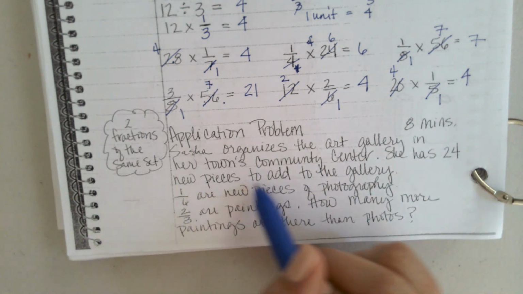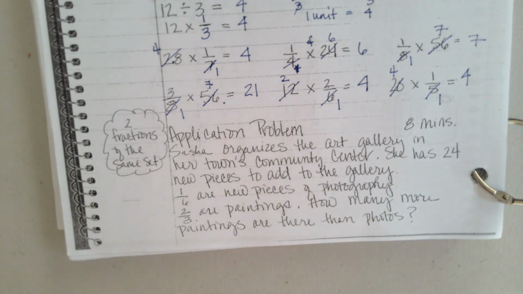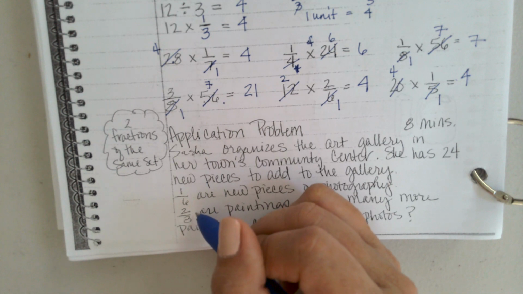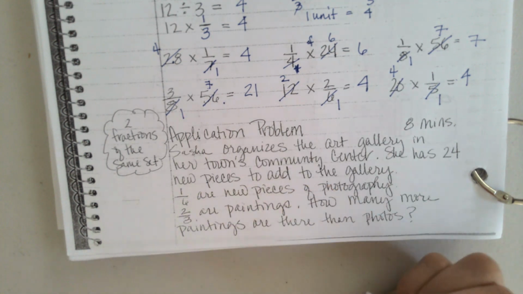So she has 24 new pieces to add to the gallery. So that is our whole number, right? Now, what's different today is 1/6 versus 2/3. They have 2 different fractions here.